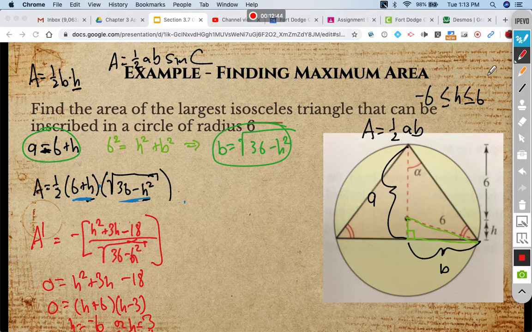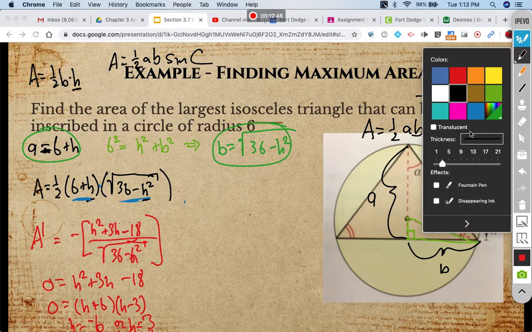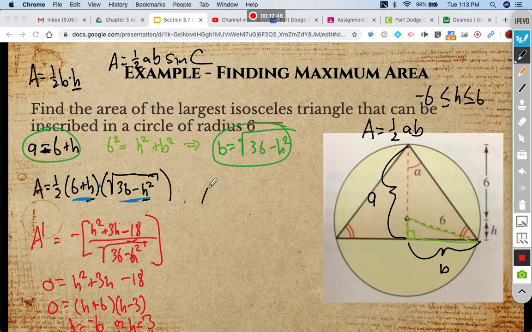So I'm going to check my area at those 3 values. At my endpoints, so area at negative 6, area at 6, and area at 3. If h is negative 6, this is 0, so the area is 0.